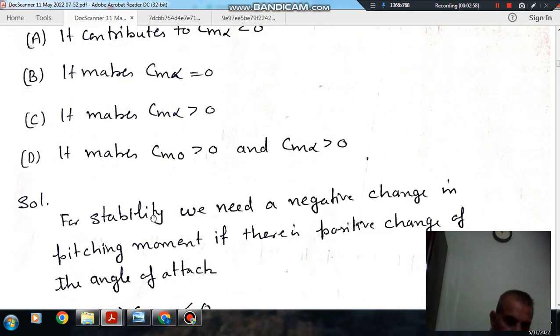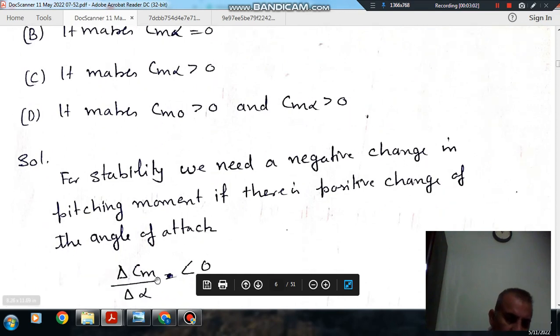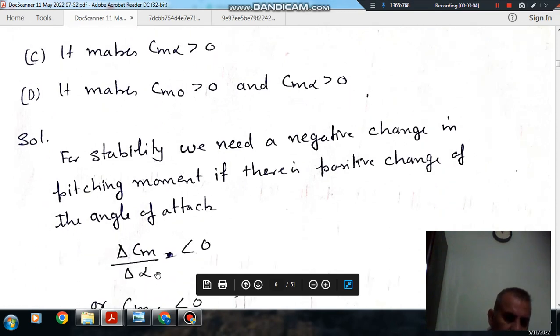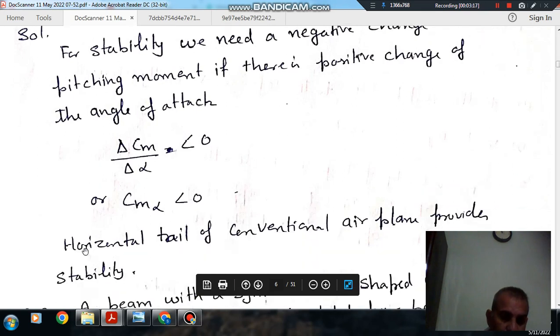So for stability we need a negative change in the moment when there is a positive change in alpha. So delta Cm by delta alpha should be less than 0, which we represent as Cm alpha less than 0.